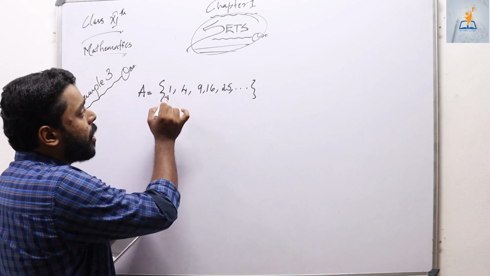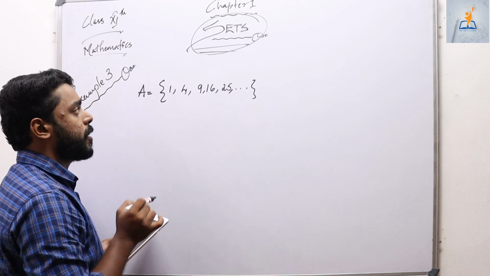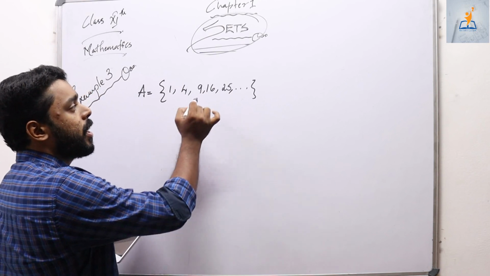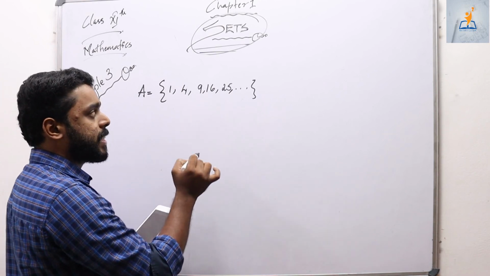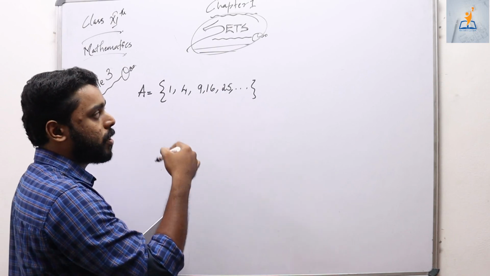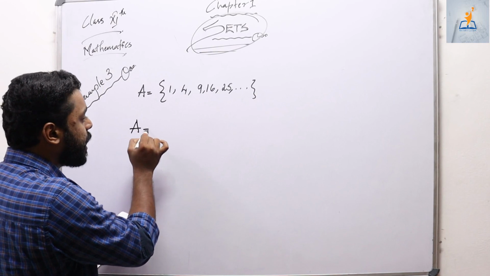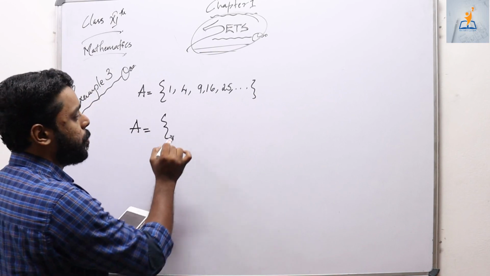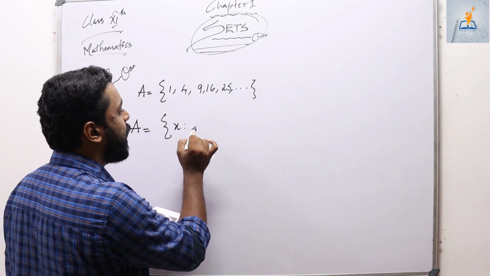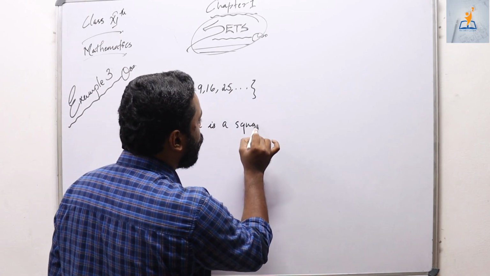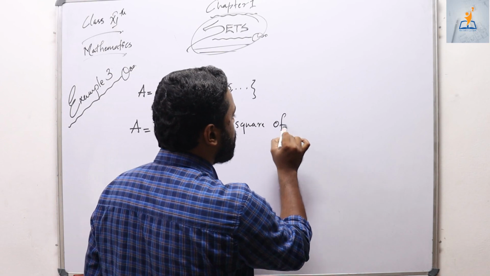See, 1 is a perfect square, 1 square. 4 is again a perfect square, 2 square. 9, 3 square. 16, 4 square. 25, 5 square, and proceeding like this, which means that A can be represented in the set builder form as the set of all x such that x is a square of a natural number, right?